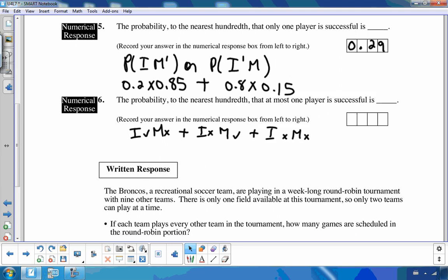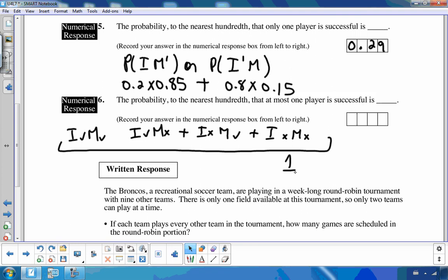I can do all of those individual probabilities, or the only case I'm not considering is that they both make it. So the total adds up to 1. So I can do this, this, and this, or I can do 1 minus the probability that they both make it. I'm going to try that one.